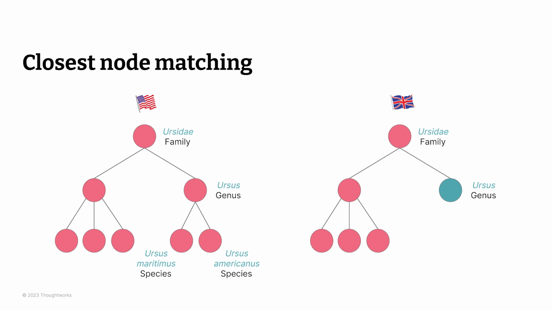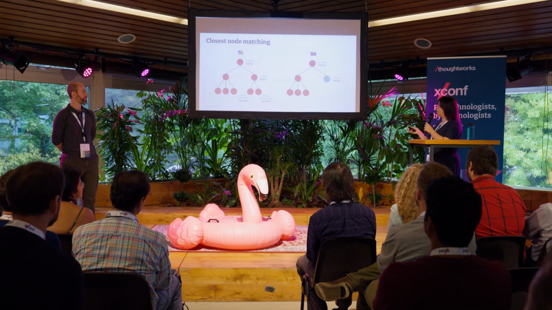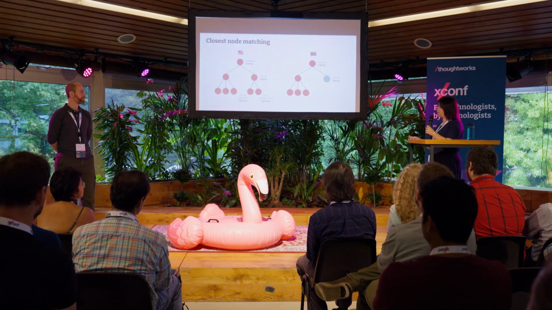But what happens if this species data does not exist here in the UK? For that match, you want to return the genus Ursus, the closest node match. So basically, you want to go up the hierarchy to the very next level where you have a unique direct name match, which is Ursus.